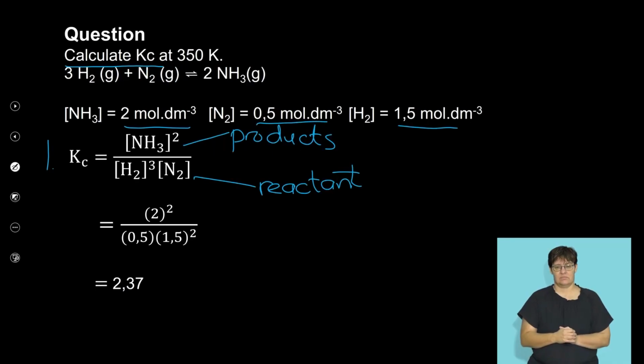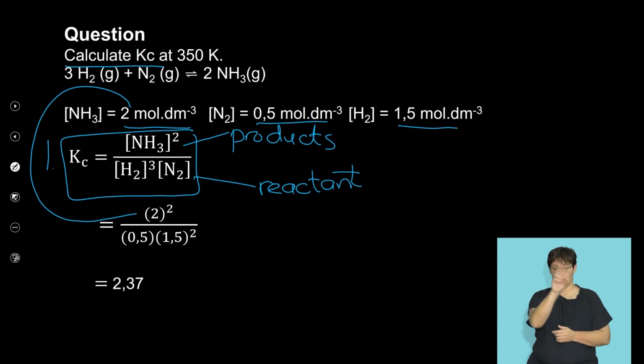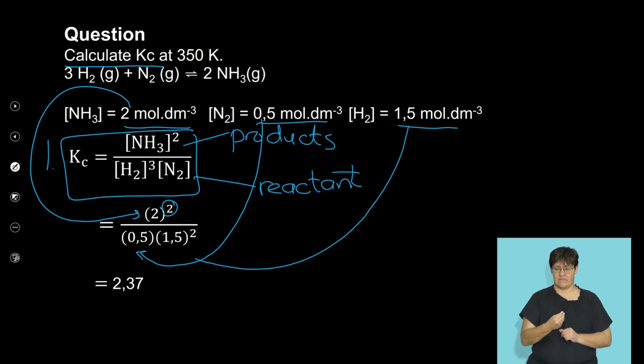So when we substitute into the Kc expression, we will substitute the 2 there with the exponent 2. Then for nitrogen, we have 0,5 mole per decimeters cubed, and for hydrogen we have 1,5, and remember, for hydrogen this should actually be a 3, exponent 3 there.